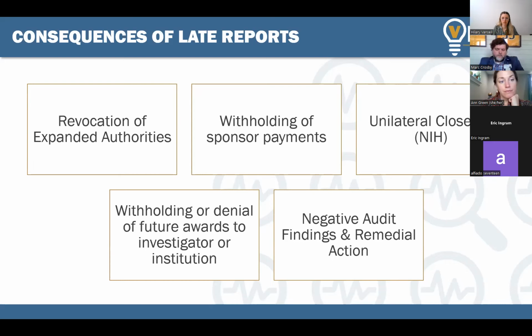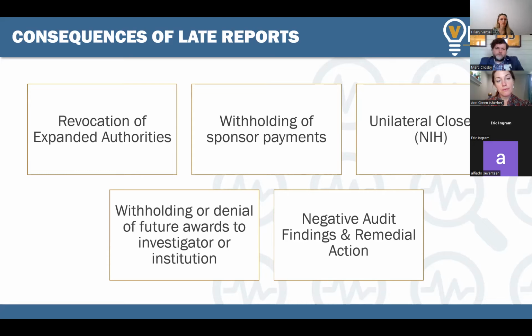So I mentioned the ability to have automatic carryover of remaining balances, but also when you have expanded authorities for research projects, you're not required to submit a financial report every year at the end of each budget period. You can actually submit one at the very end of the project period's competitive segment, which is typically 4 to 5 years.